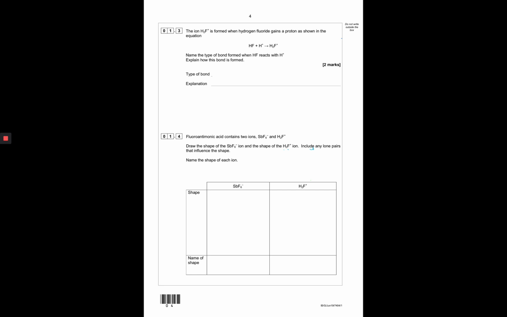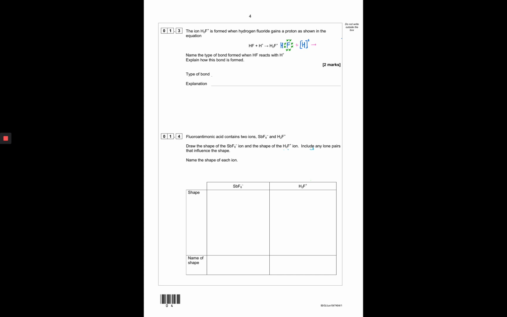I think something that helps us to look at that is the dot and cross diagram. If we draw a dot and cross diagram for the species on the left-hand side of the equation, we can see our hydrogen fluoride gas, so it's a covalently bonded simple molecule. We've got our H+ ion, which has no electrons around it. That's how it's become positively charged.